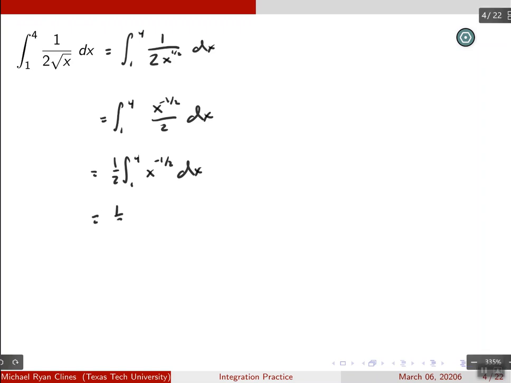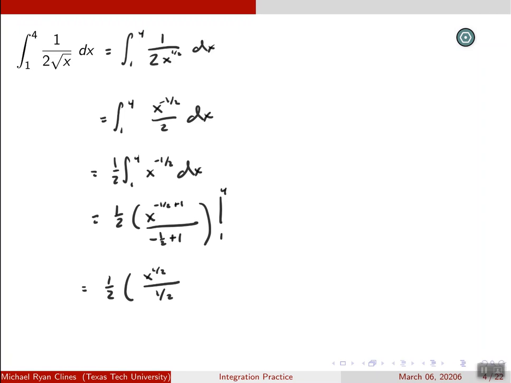So this is equal to 1/2 times x to the negative 1/2 plus 1 over negative 1/2 plus 1, evaluated from 1 to 4. Well, that's equal to 1/2 times x to the 1/2 over 1/2. Well, this 1/2 and that 1/2 are just going to cancel out with each other.